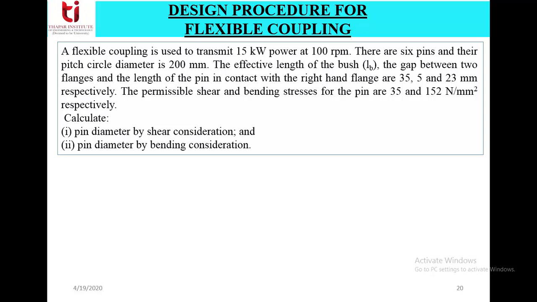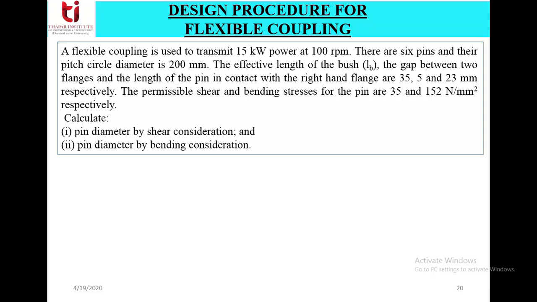That means capital N is equal to 6 and their pitch circle diameter is 200 mm. So it is already given, it is not an output parameter now. The effective length of bush LB, the gap between two flanges and the length of pin in contact with right hand flange are 35 mm, 5 mm and 23 mm respectively.